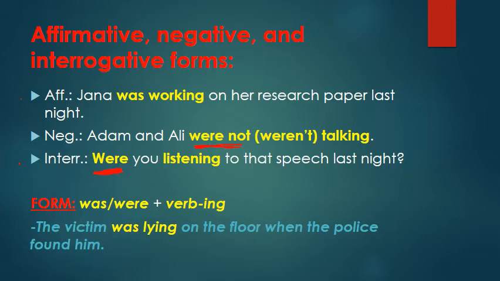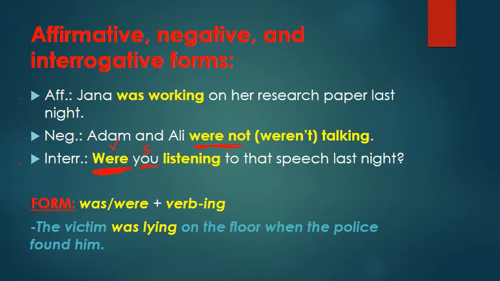He was playing video games at 9. In the negative, he wasn't playing video games at 9. Interrogative, you put the was at the beginning. Was he playing video games at 9? Okay, so in the interrogative, meaning in the question form, you put the helping verb at the beginning and the subject here.